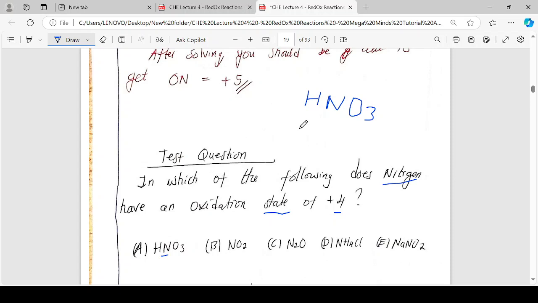To find the oxidation number, we're going to say, what is the oxidation number of hydrogen? The oxidation number of hydrogen is +1, plus the oxidation number of nitrogen, we don't know, we're going to say X, plus the oxidation number of oxygen, it's -2.